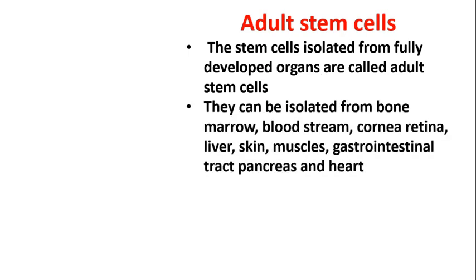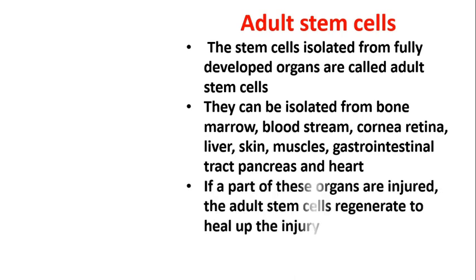They can be isolated from bone marrow, bloodstream, cornea, retina, liver, skin, muscles. Okay, they can be isolated from any of these organs, but it should be from the adult. If a part of these organs is injured, the adult stem cells regenerate to heal the injury.